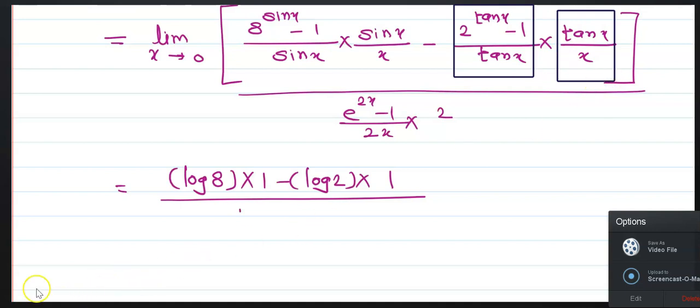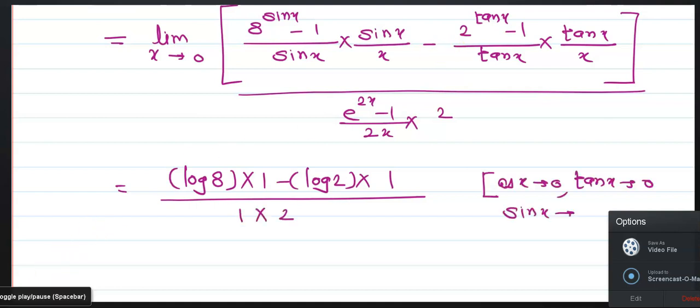Therefore, next is e raised to 2x minus 1 upon 2x, the value of this limit is 1, into 2. And also, as x tends to 0, tan of x tends to 0, and sin of x tends to 0.